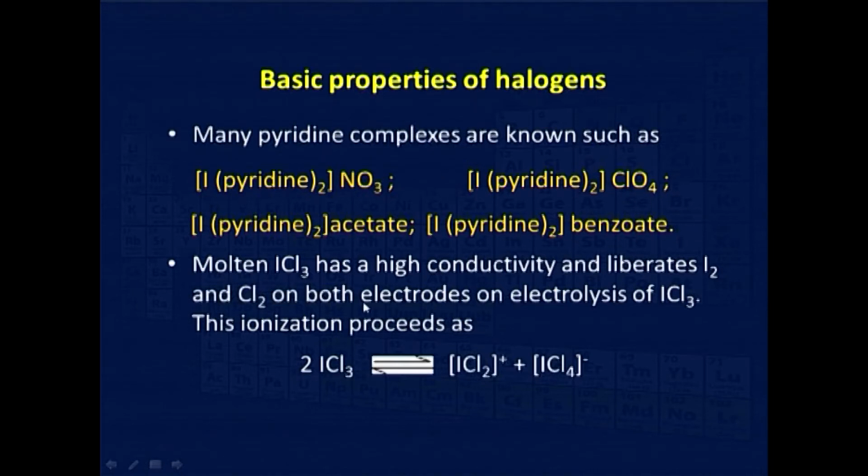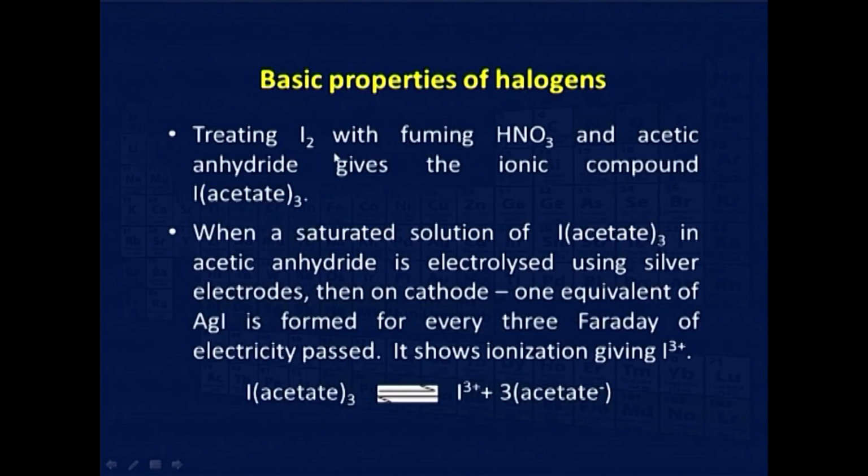Molten iodine trichloride has a high conductivity and liberates iodine and chlorine at both electrodes on electrolysis. This iodine trichloride undergoes ionization like this. Treating iodine with fuming nitric acid and acetic anhydride gives the ionic compound iodine triacetate.